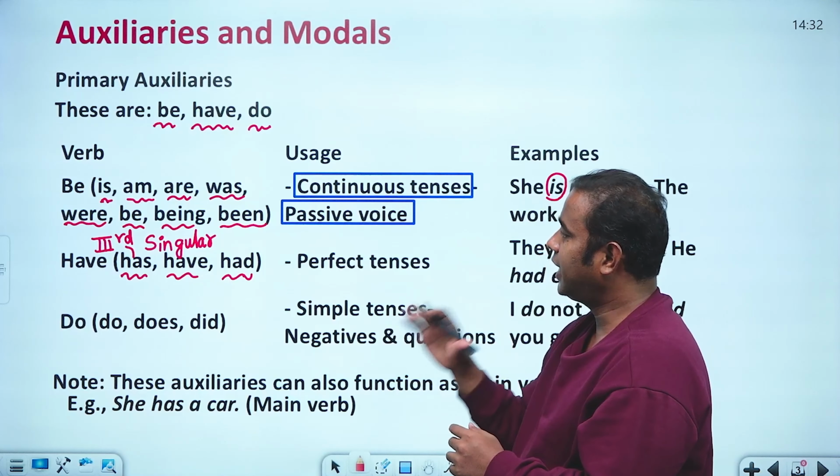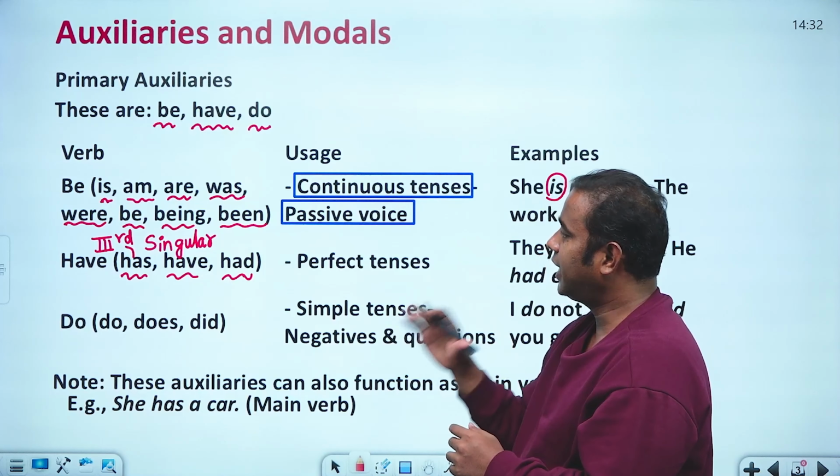This is the subject, this is the verb, and this is the object. So subject, verb plus object. In one single sentence, you have formed a subject, verb plus object. So it's a perfect sentence.